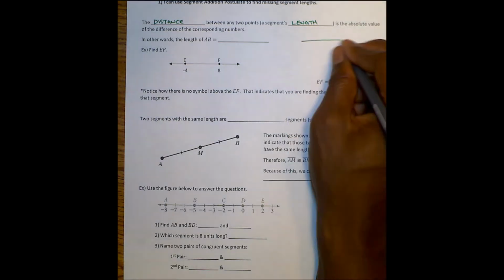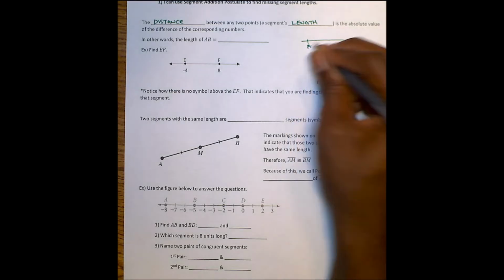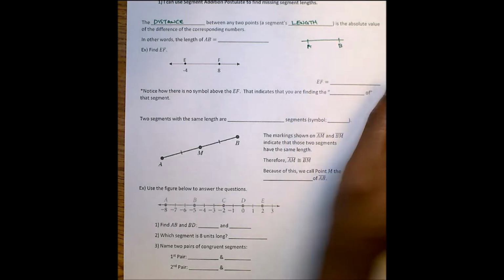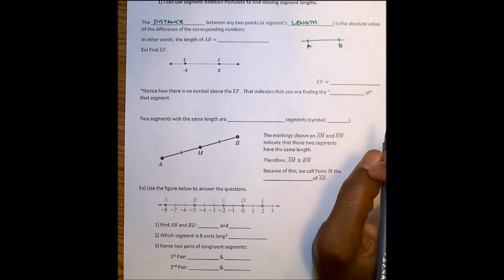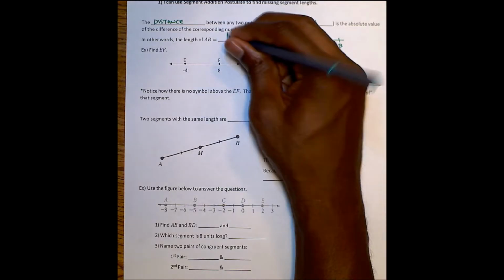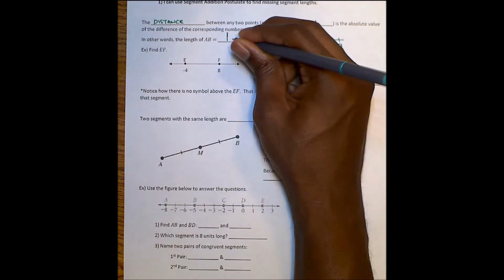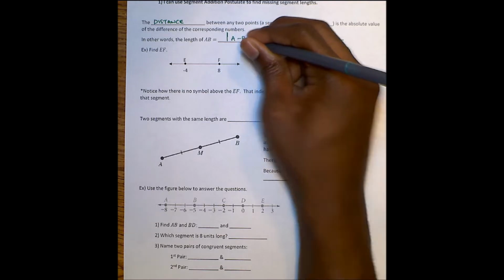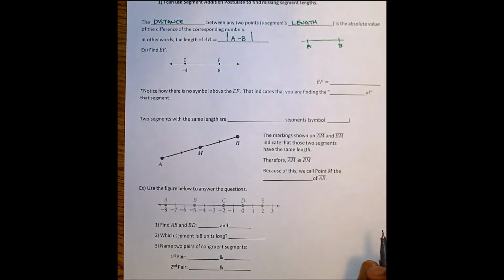So in other words, if I have a segment AB, and I want to find the length of segment AB, all I would do is take the absolute value of A minus B, whatever numbers they may be. That answer will give me the length. Absolute value, because distance cannot be negative. There's no way that distance can be negative.